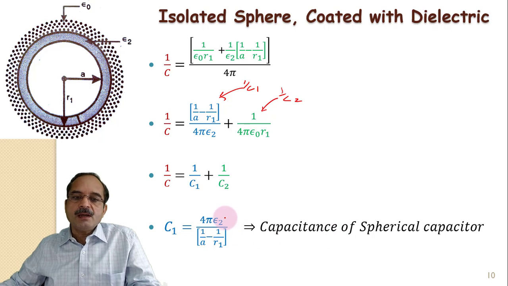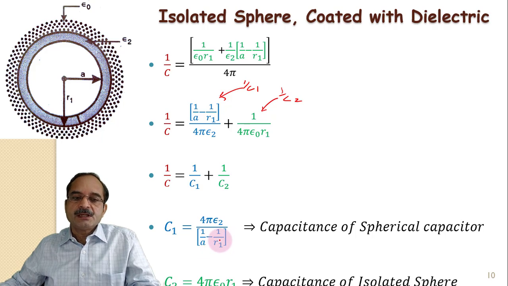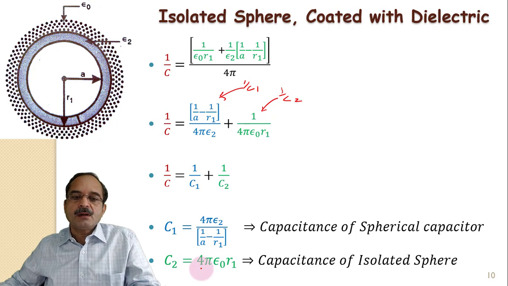Now this formula is similar to the formula for capacitance of a spherical capacitor with inner radius A and outer radius R1. Similarly C2, this result is similar to the capacitance of an isolated sphere.